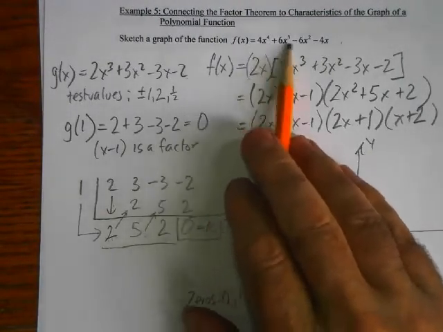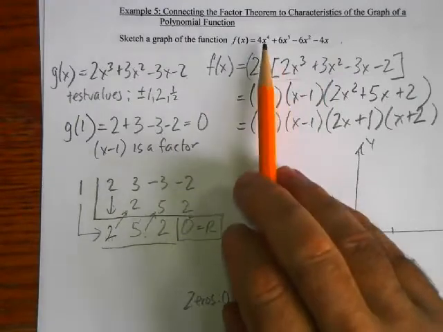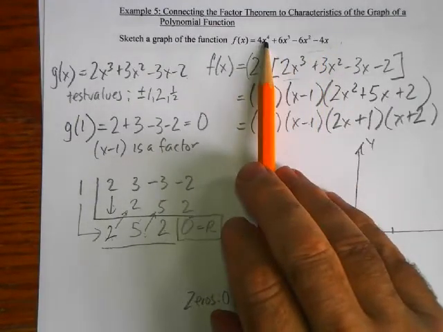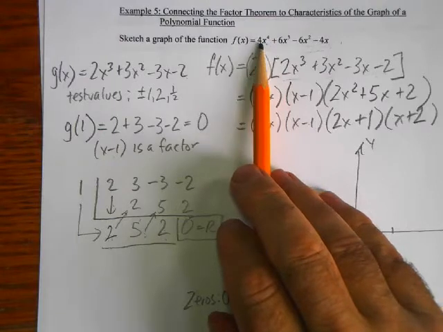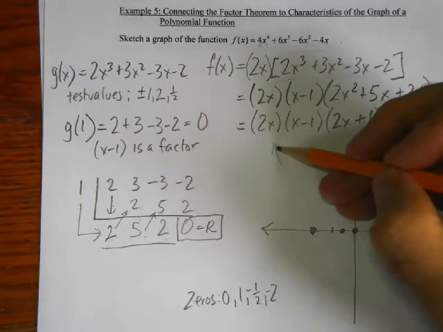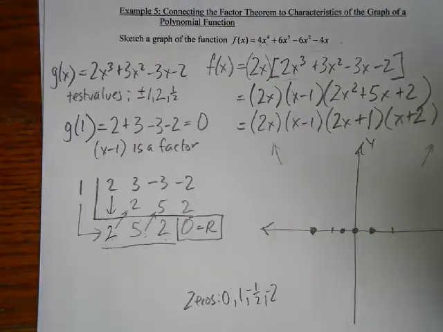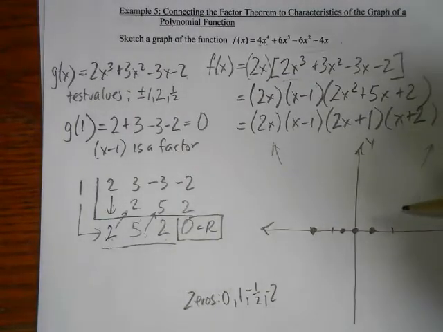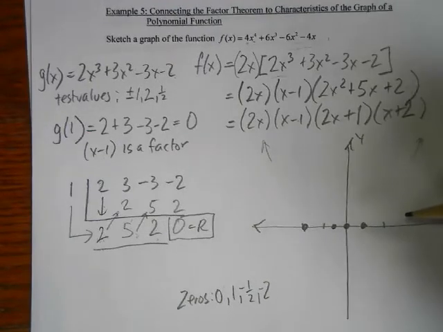We go back to our expanded version here. So this is degree 4, even, positive leading coefficient, means I have this end behavior, and I know all these zeros are order 1, so it means they're going to cross through. So this one's pretty quick.